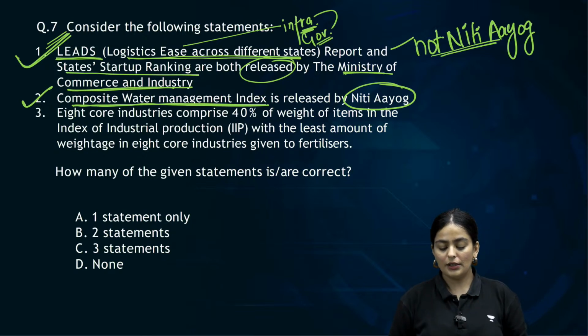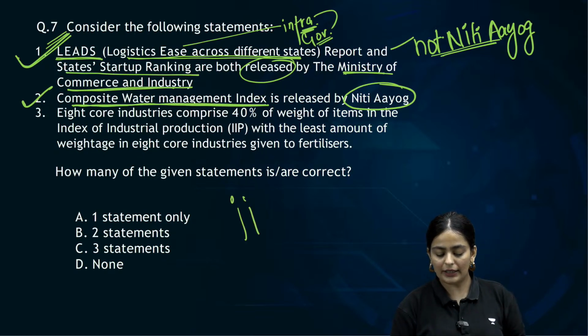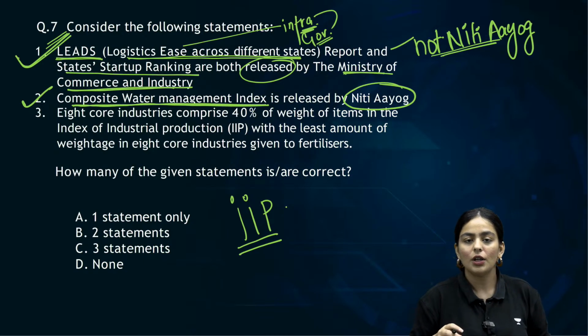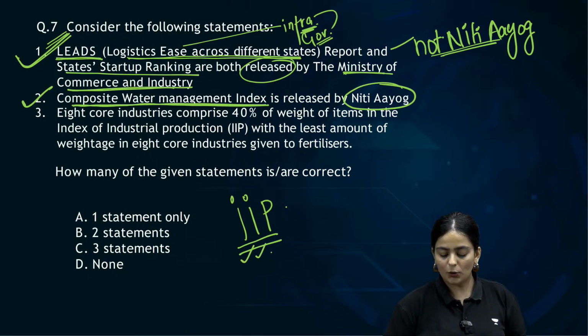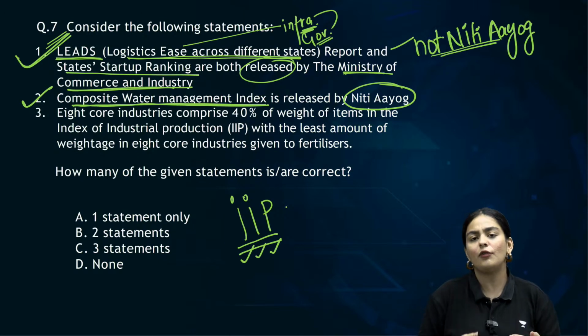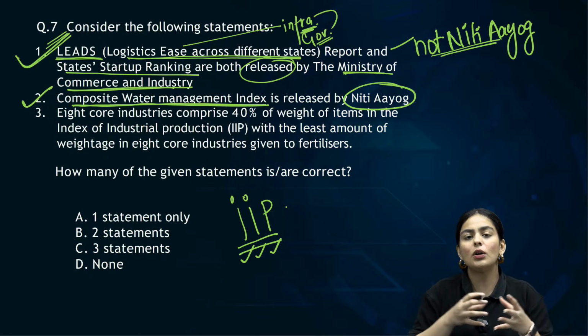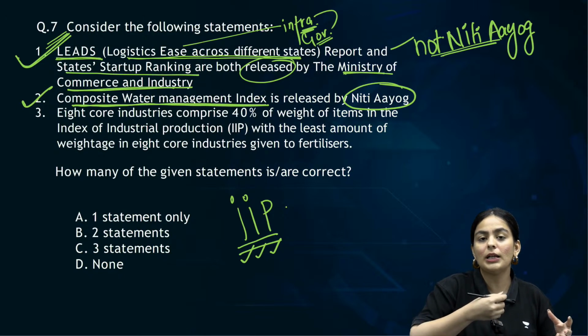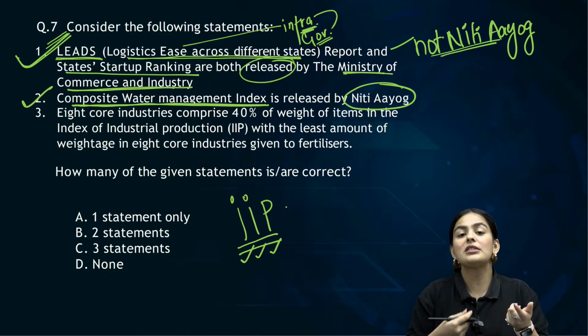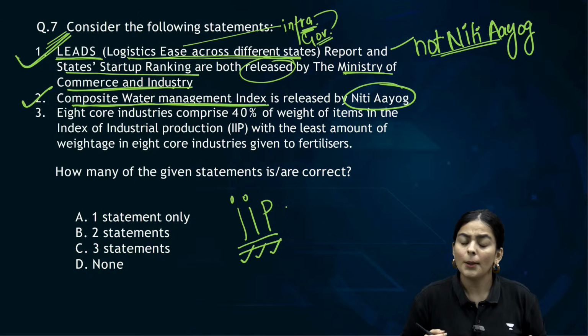8 core industries. Now you have an industrial ranking which checks the increase in industrial production, called the Index of Industrial Production. It is released every month and will do a comparison of last year in that particular month versus this month. What is the growth in terms of industrial production?